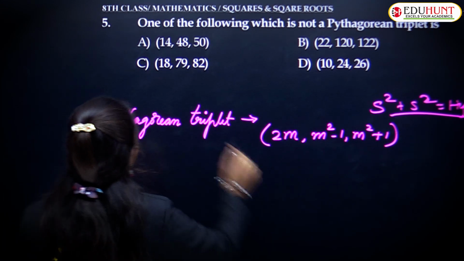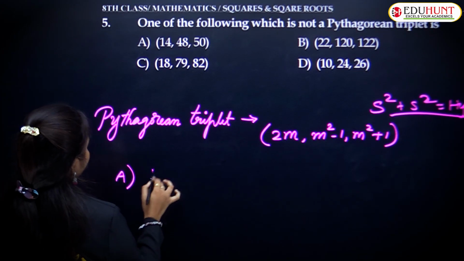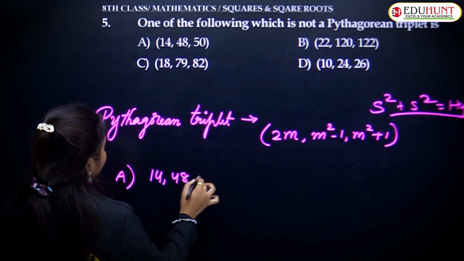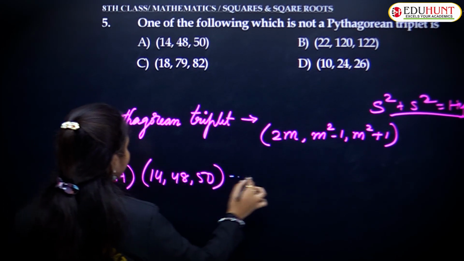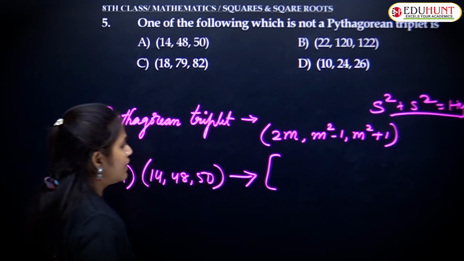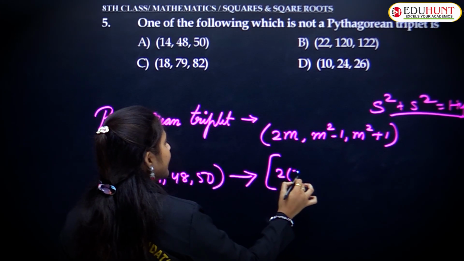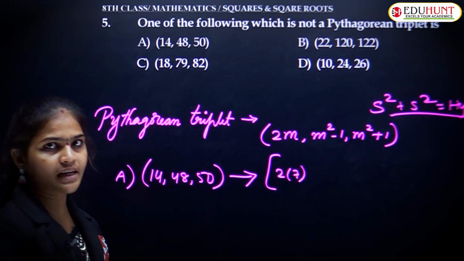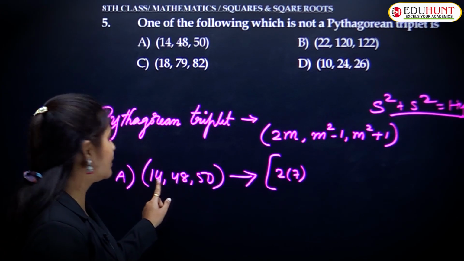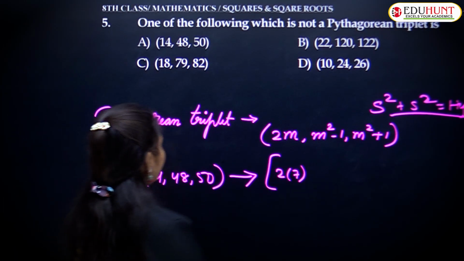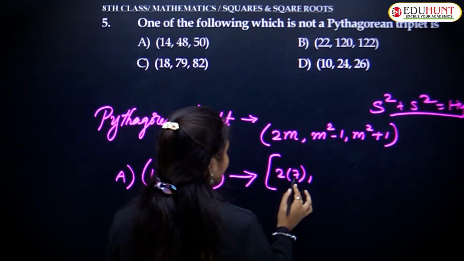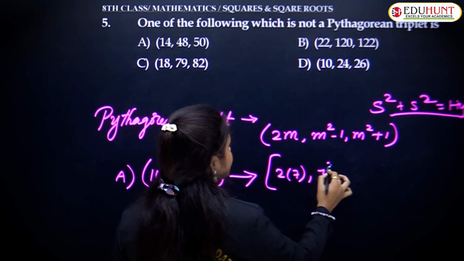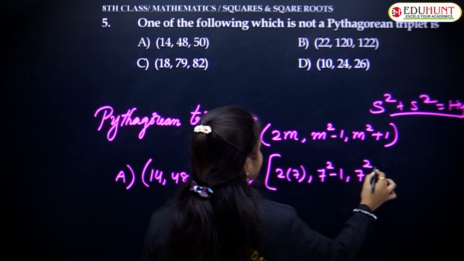So the first option, what is that? 14, 48, 50. Is it a Pythagorean triplet or not? Just check that. 14 we can write as 2 sevens 14. So m is equal to 7 now. 7 square minus 1, 7 square plus 1.